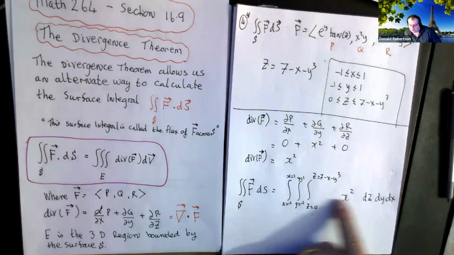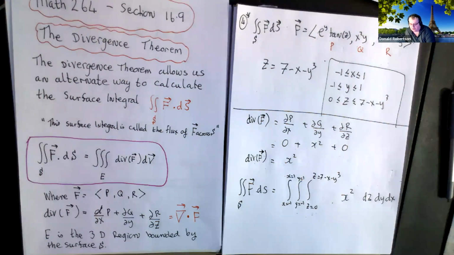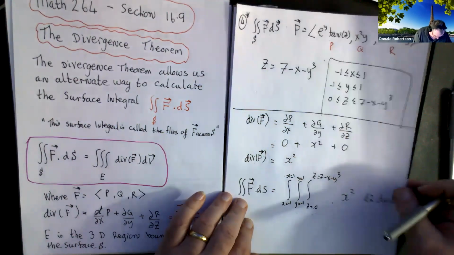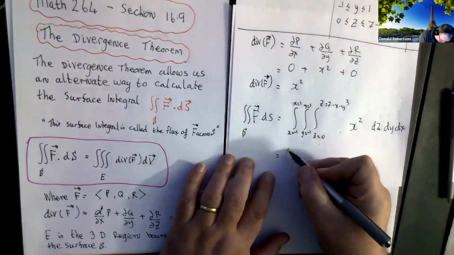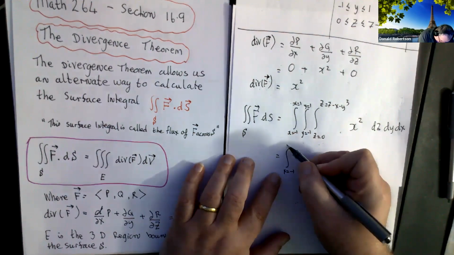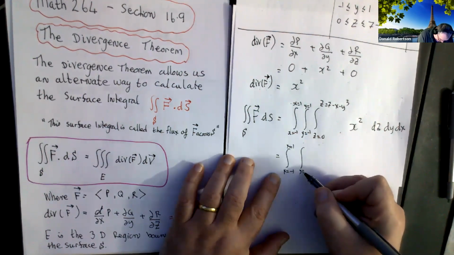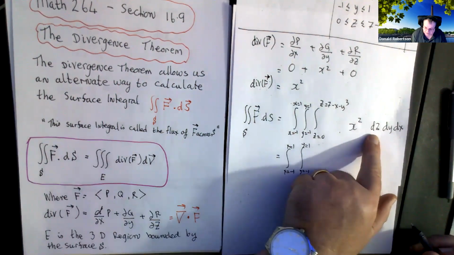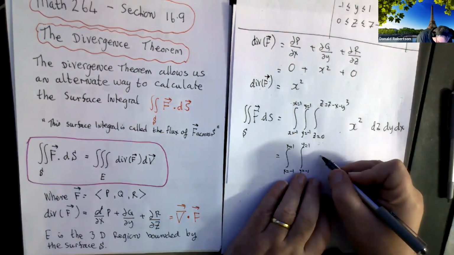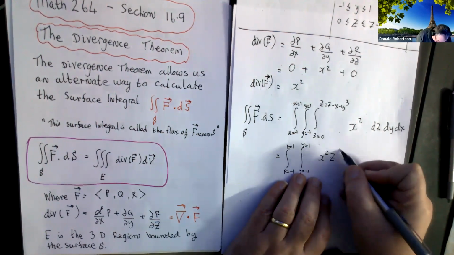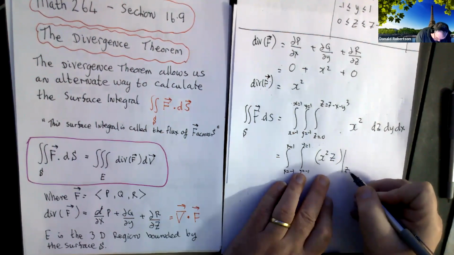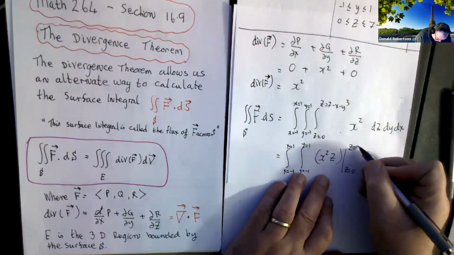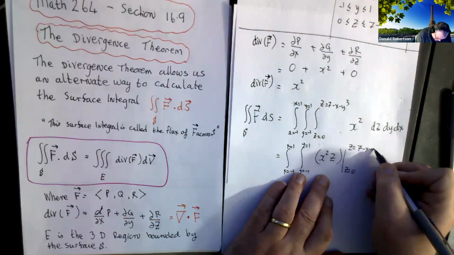Now this integral is definitely not separable. Not even on a good day is that ever going to be separable, at least in the first phase of it. So I'll just take it a little bit further, then I'm going to stop. If you integrate x squared with respect to z, x squared is considered a constant, so all you get is x squared z, evaluated at 0 and at 7 take away x, take away y cubed.